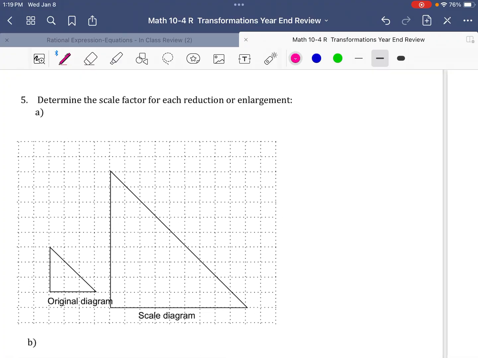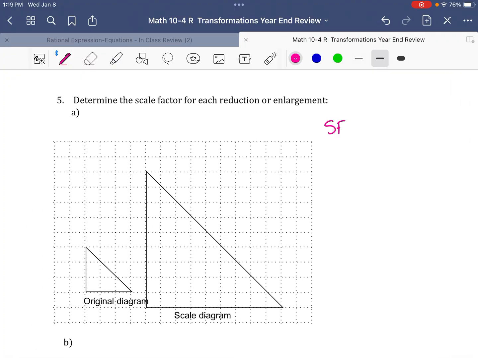All right, scale factor. We're coming up with a fraction, and it's going to be the image number divided by the original number. So we're just looking for the same sides to compare. So for example, on the left side here, this is 3 units tall. And on the scale diagram, this is going to be 1, 2, 3, 4, 5, 6, 7, 8, 9 units tall.